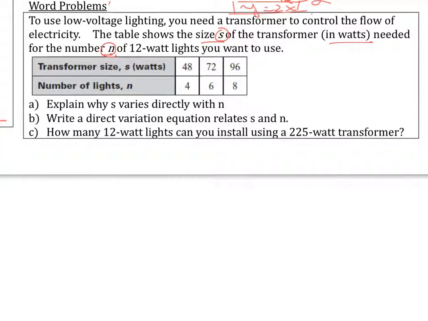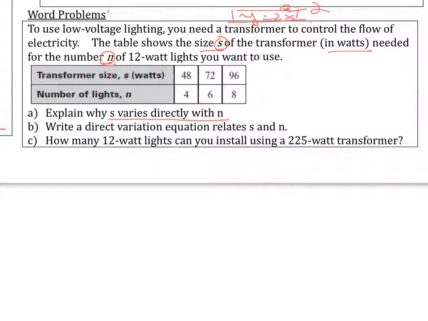Explain why S varies directly with N. First we need to check the ratio, the constant of variation between S and N. So I know S would equal aN. S would be your y here, and N would be your x.